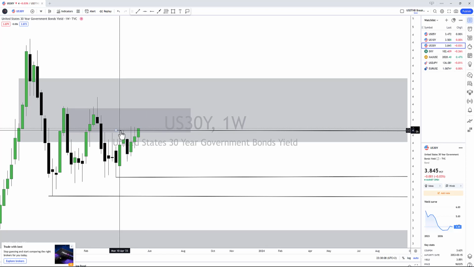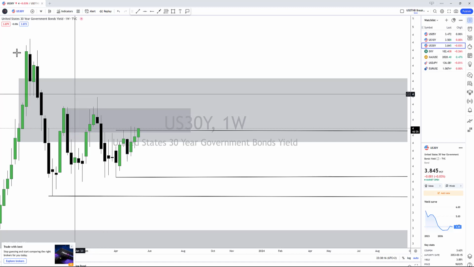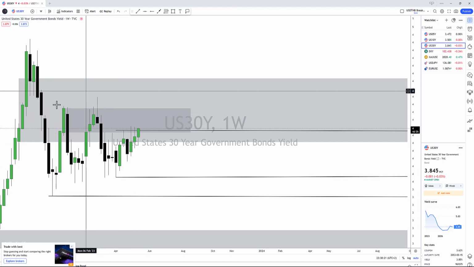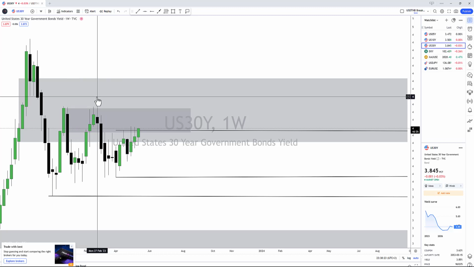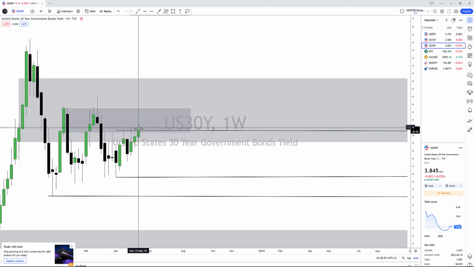But on the daily and H4, that's where you have to hunt now for your run of stops. Price is already in premium. See, high, low, premium. See, short term lower high, short term higher low. What do we have here? Premium.